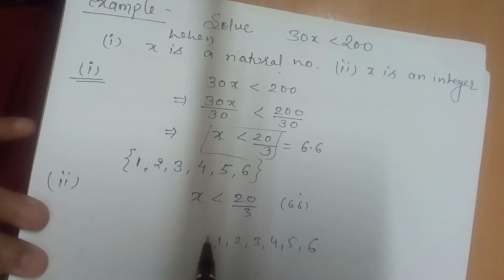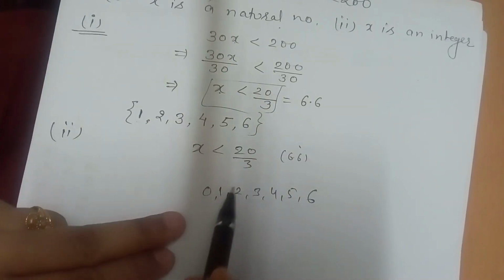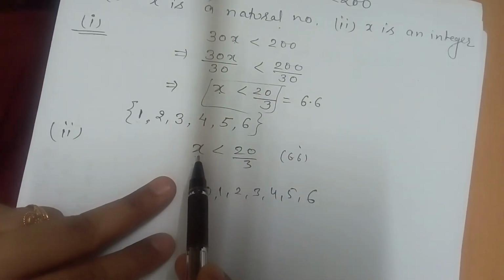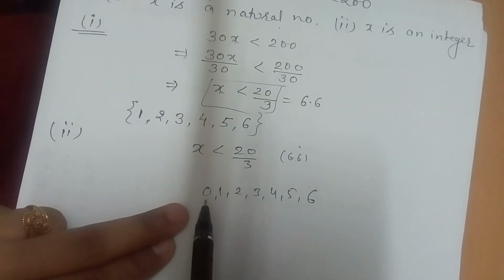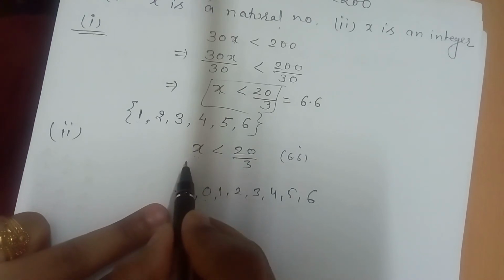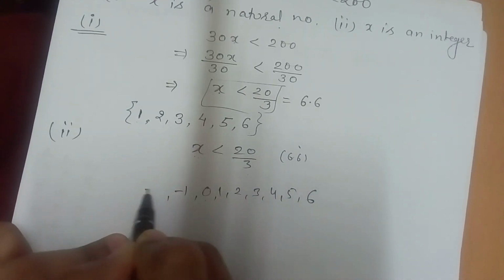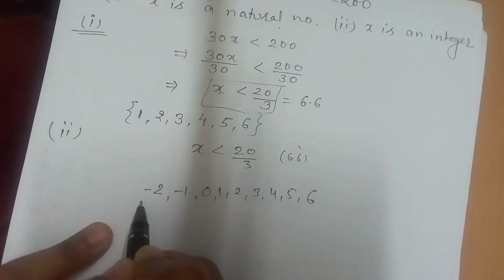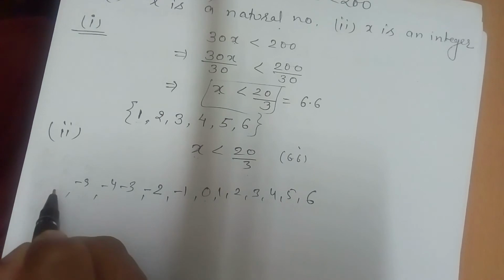Now what about 0? Yes, we'll include 0 because 0 is also an integer. When we put 0, we get 0 less than 20 by 3, so the statement is true. What about minus 1? Minus 1 is less than 6.6, so this statement is true. It is true for minus 2, minus 3, minus 4, for all the negative values.